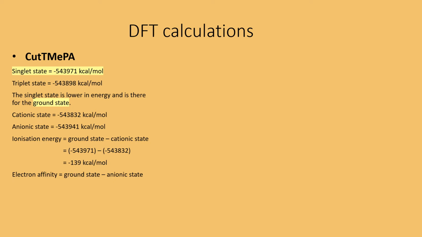And then for the electron affinity, we instead subtract the anionic state from the ground state, which gives a value of minus 30 kilocalories per mole.